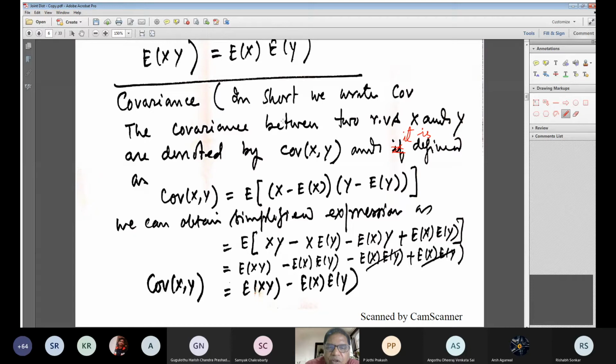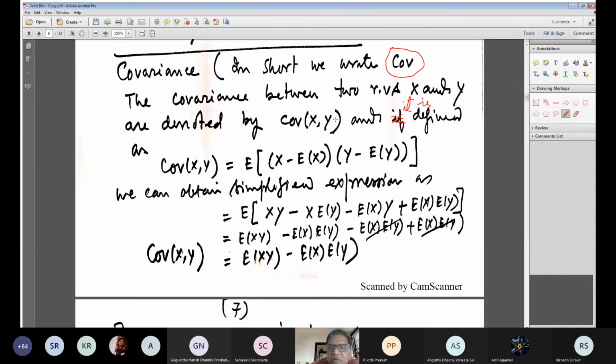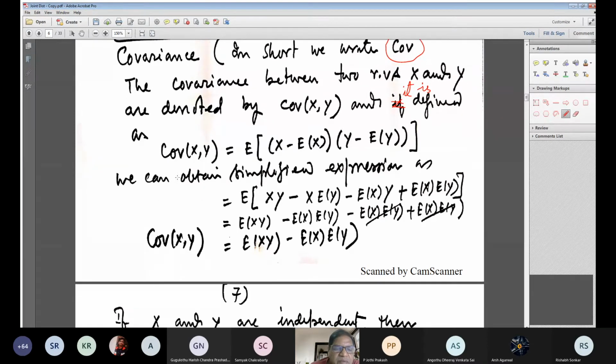In short, the covariance between the two random variables x and y is usually written as COV. This is the shortcut notation, just as for variance and expectation. The covariance between the two random variables x and y is denoted by COV(x, y), and it is defined as the expected value of (x minus E of x) into (y minus E of y).